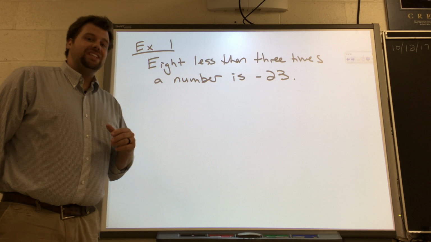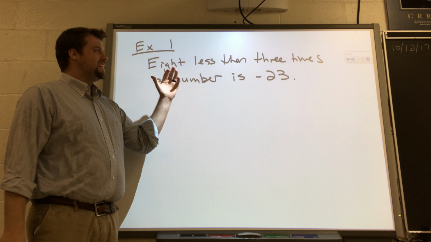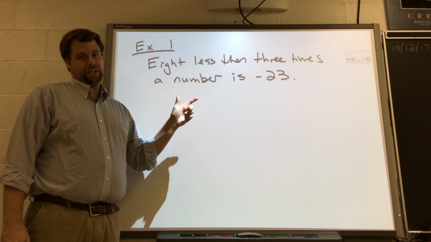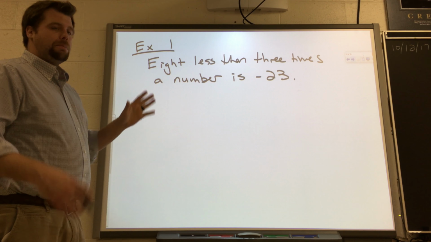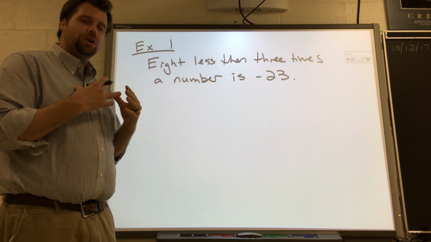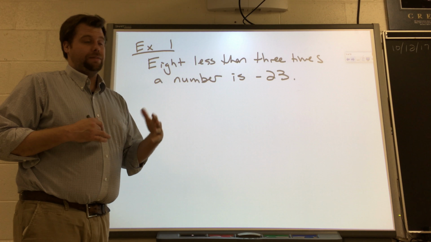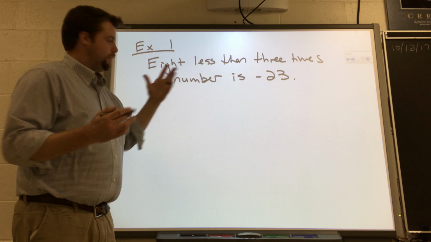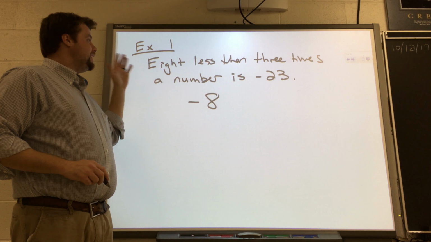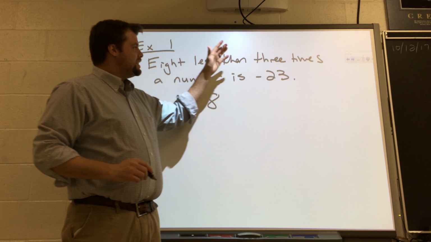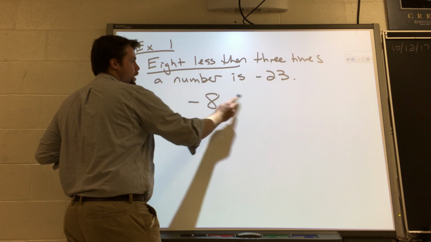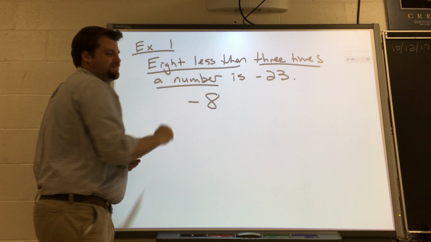All right, so let's jump into an example. Here we go. 8 less than 3 times a number is negative 23. Okay, first of all, I break it up into pieces. I start from left to right, I read it. When I feel like I have a portion I need to represent, I do that. For example, 8 less than, immediately, I'm going to take 8 away from something. What am I taking 8 away from? 8 less than 3 times a number. So 8 less than, I got that. 3 times a number, any number I want.